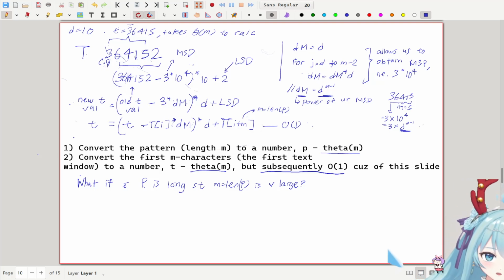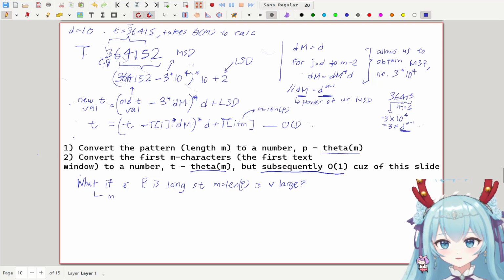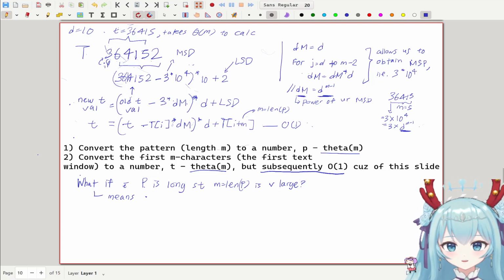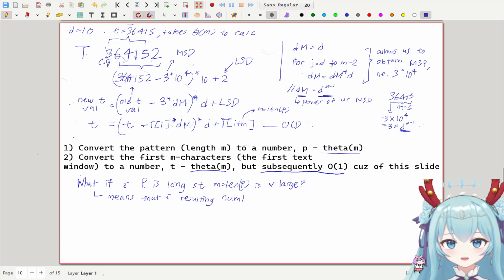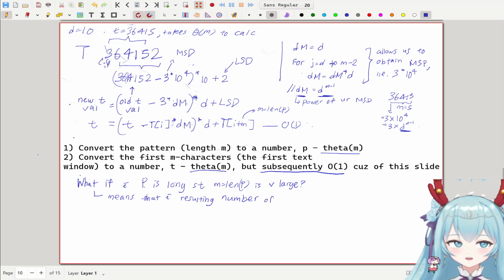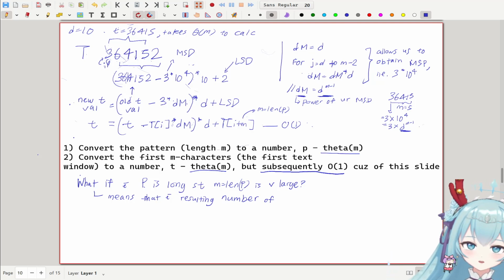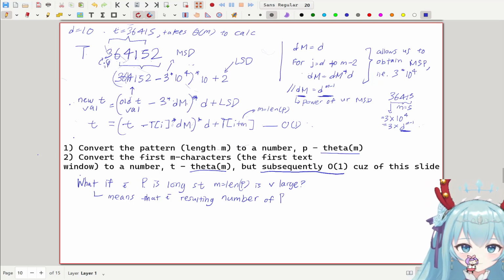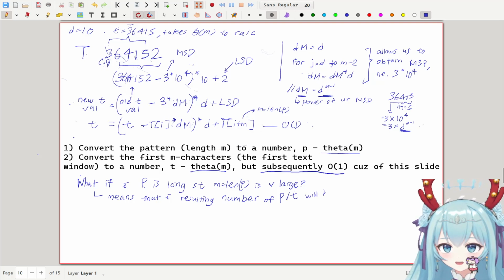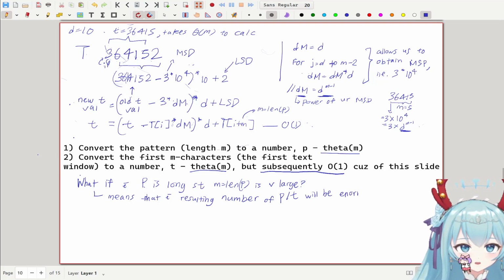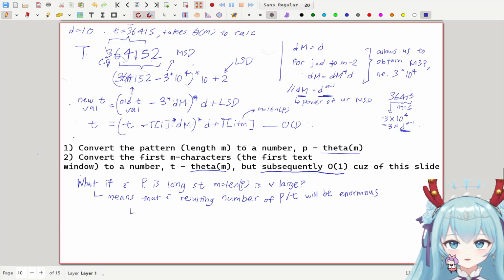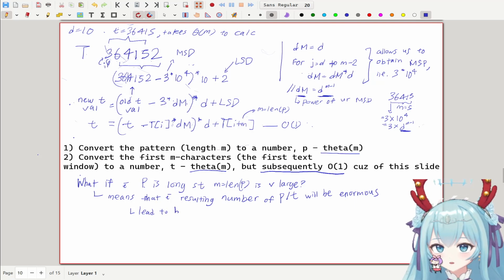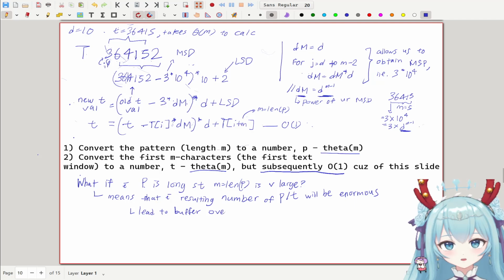We should see that this means the resulting number, small p or small t, will be enormous, which will lead to buffer overflow.